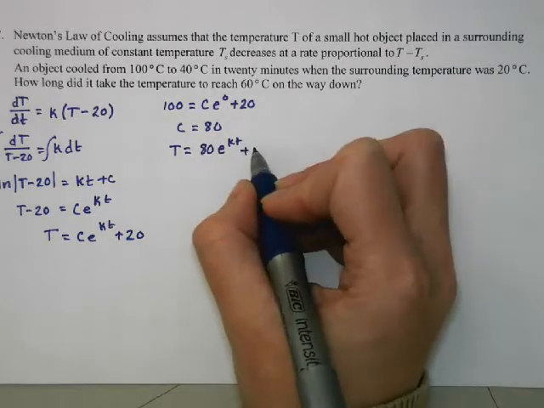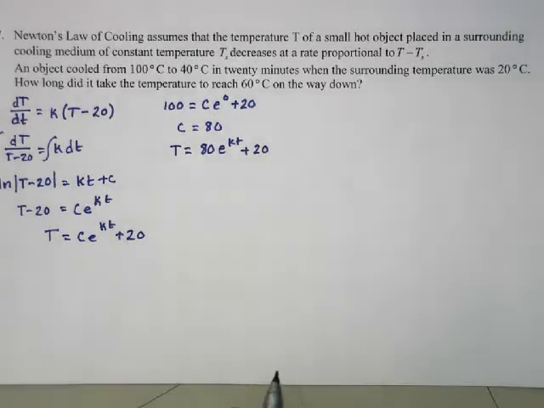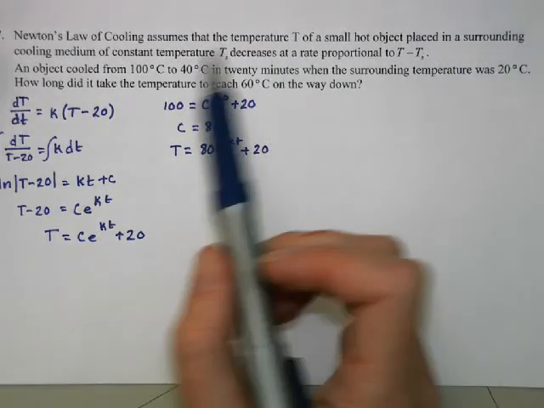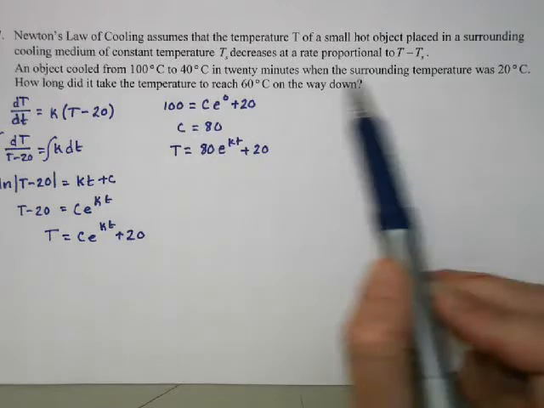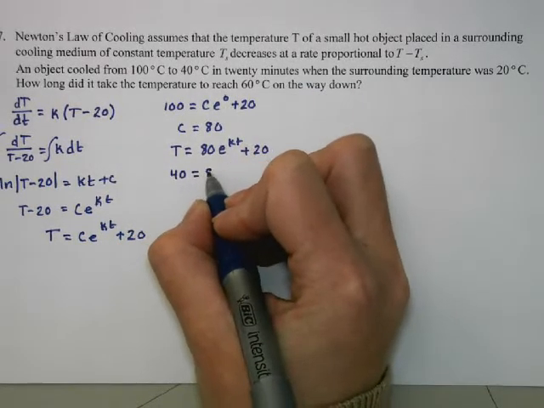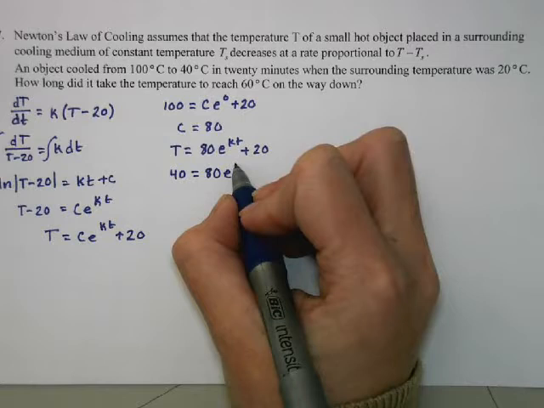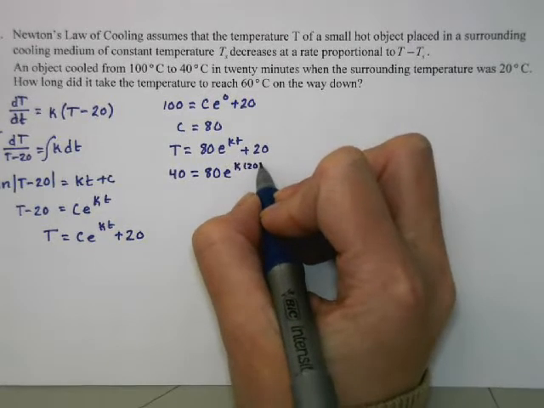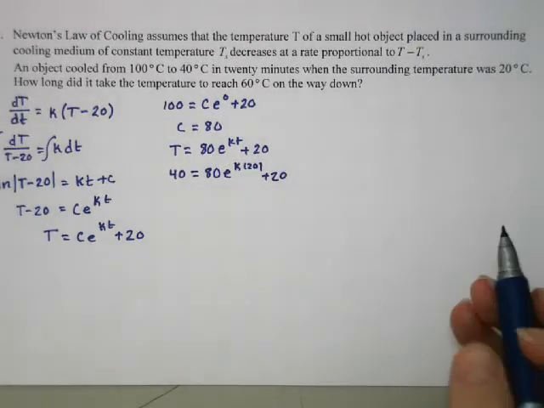Next thing we need to find is K. And we're going to use the fact that it went from 100 to 40 in 20 minutes. And solve this. So I'm going to subtract 20 from 40.